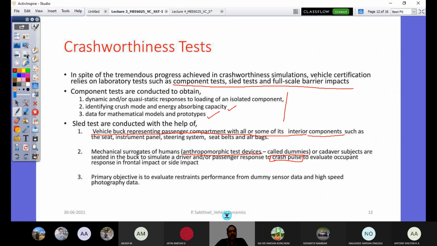There are also sled tests, and tests where a carrier vehicle crashes into a vehicle, and so on. The significance of all these tests is what we are going to study in detail in the second module, and we are going to start with that today.